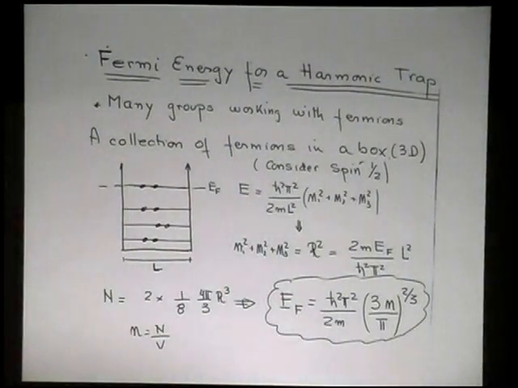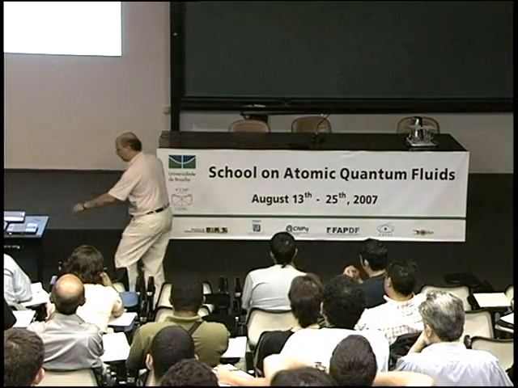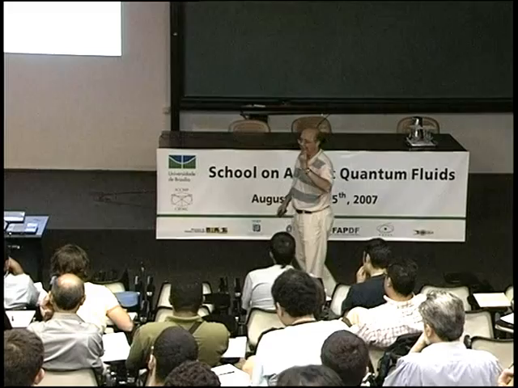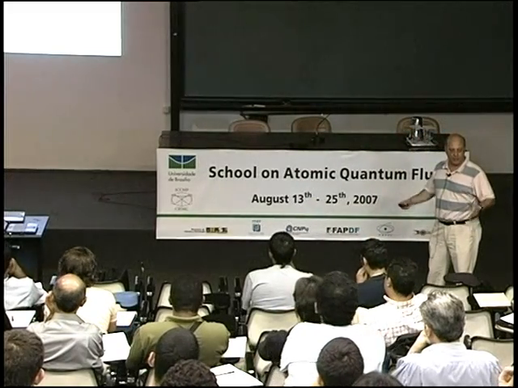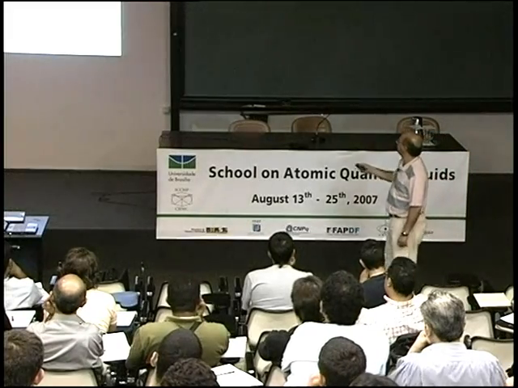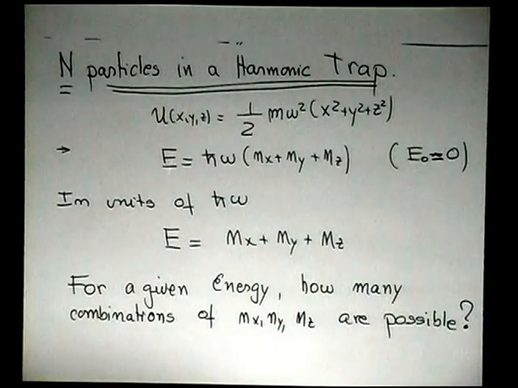Okay? Now, we don't have a box in the lab. We have harmonic oscillators. So let's go for a harmonic oscillator. That you may not find so easily, the Fermi energy for a harmonic oscillator. But maybe it is around, because everybody works with harmonic oscillators. I'm sure that the experimental groups or the theoreticians know this very well.